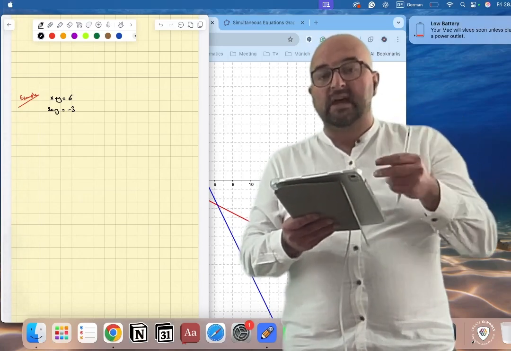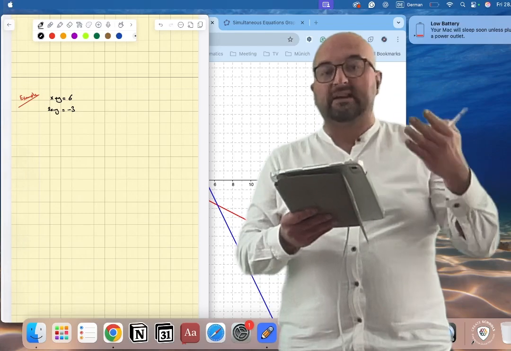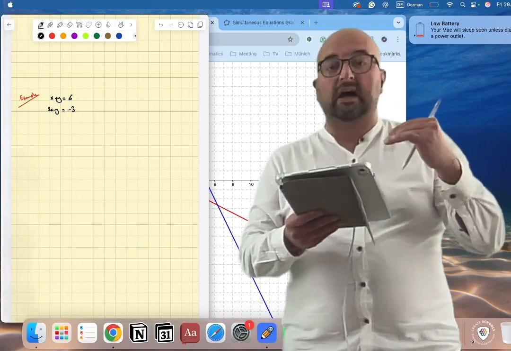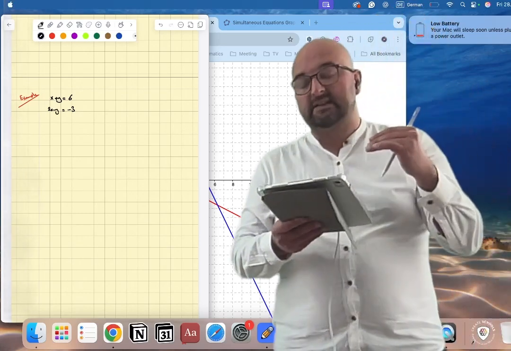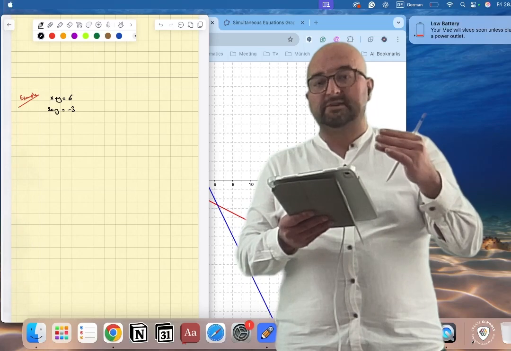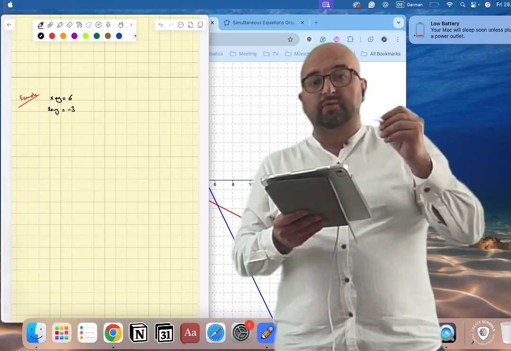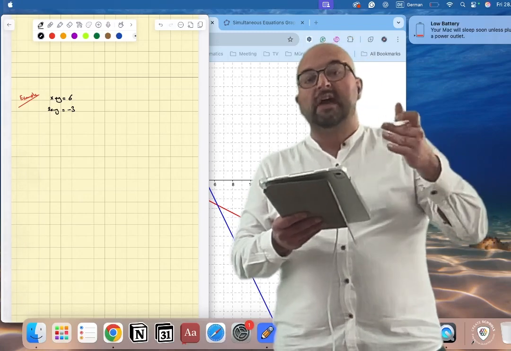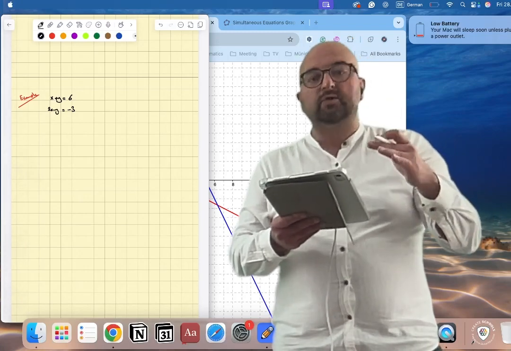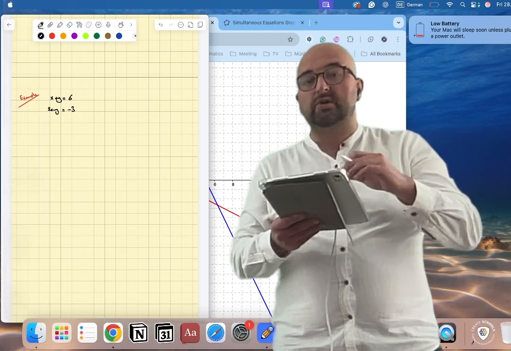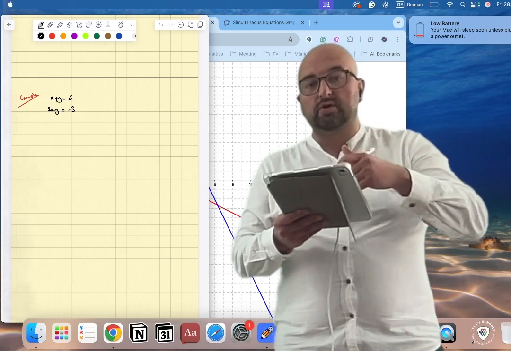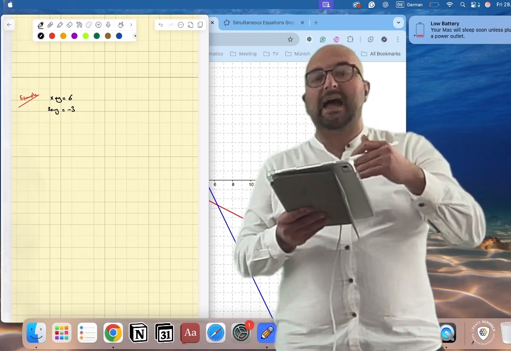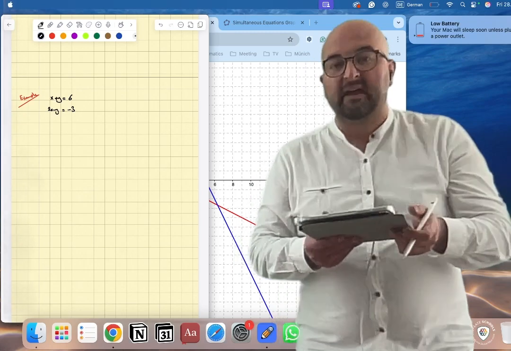The second one is to find the x-intercept and y-intercept. The last method, as you remember, is to find the gradient and the constant number, which is the y-intercept. You can use any method to draw the graphs, and then please send them to me.